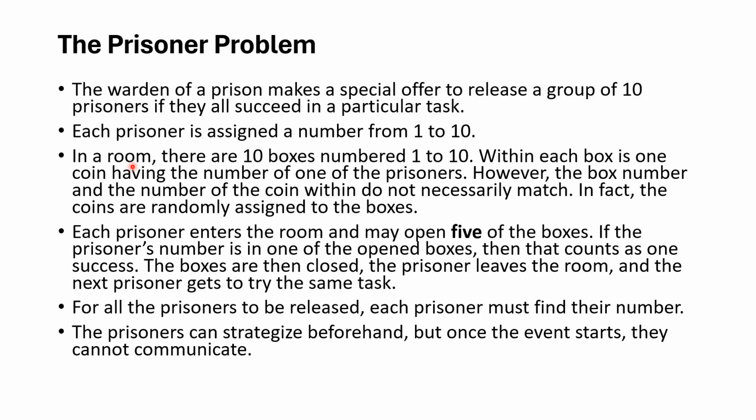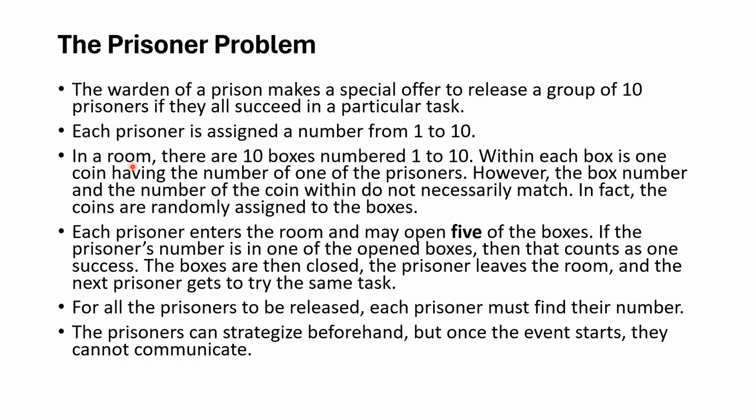The only thing afforded to the prisoners is that before this process starts, they can communicate. In fact, there is a strategy, which I'll give you when I talk about the answer in the next lesson. So they can't communicate once it starts: they go into the room, open 5 boxes, find their number, it's a success, they leave the room, no information is left there, everything is returned exactly as is, and the next prisoner comes in.